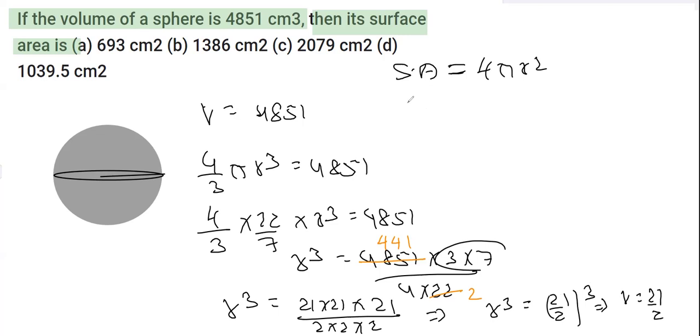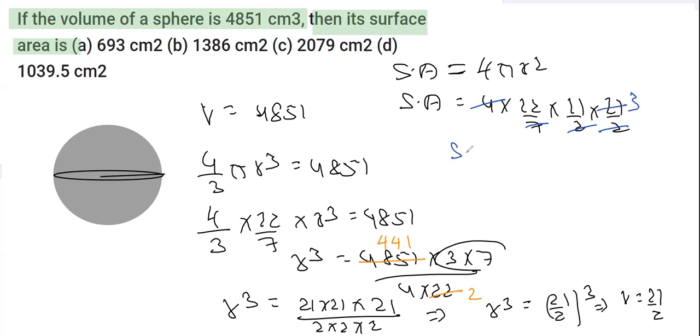Once we get the radius, now we can simply place the value of the radius: 4 into 22 over 7, multiplied by 21 by 2 into 21 by 2. Now we can see that 2 into 2 is 4, this gets cancelled, 7 1 times, 7 3 times. So finally the surface area will come as 22 multiplied by 63.